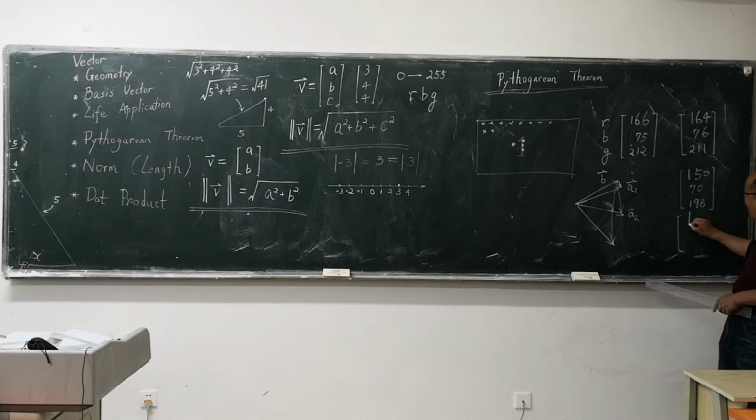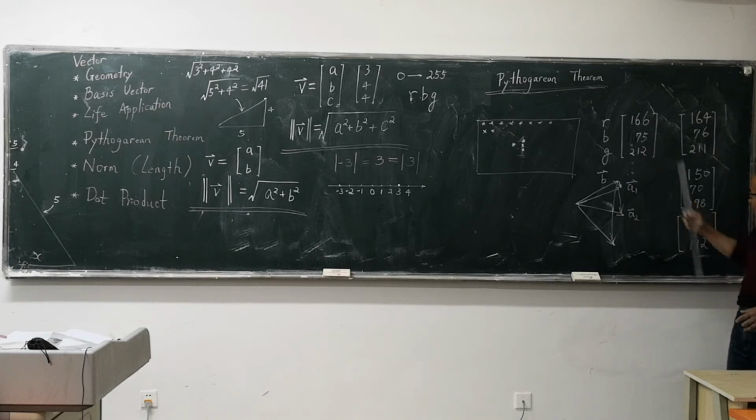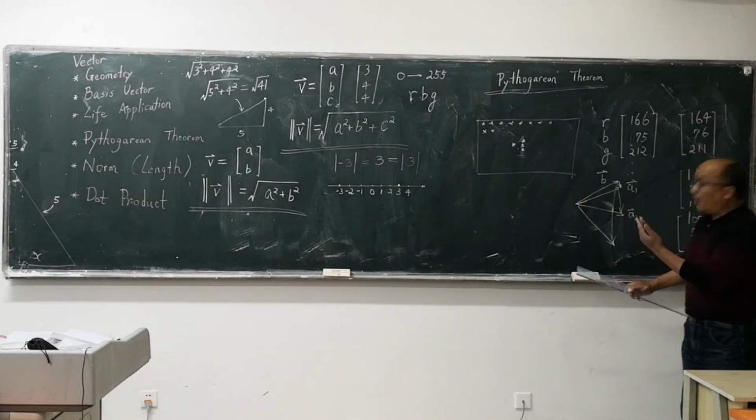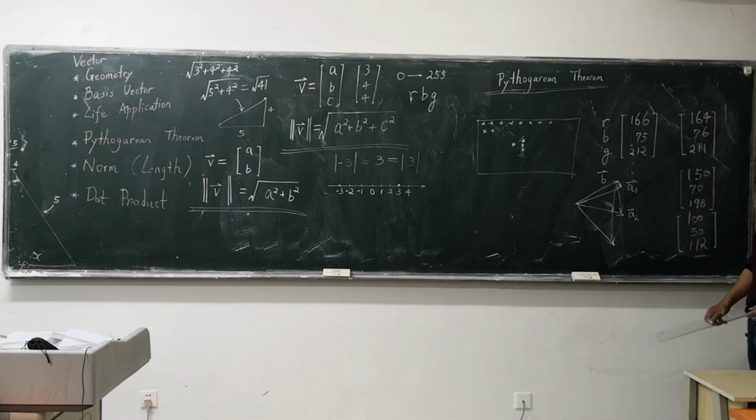And now it's 100, and it's 50, and it's 112. Okay, so the difference between the two vectors, the background and the one in the picture, is very long. Now it's, oh yeah, I can see it. Wow, this is a large difference.